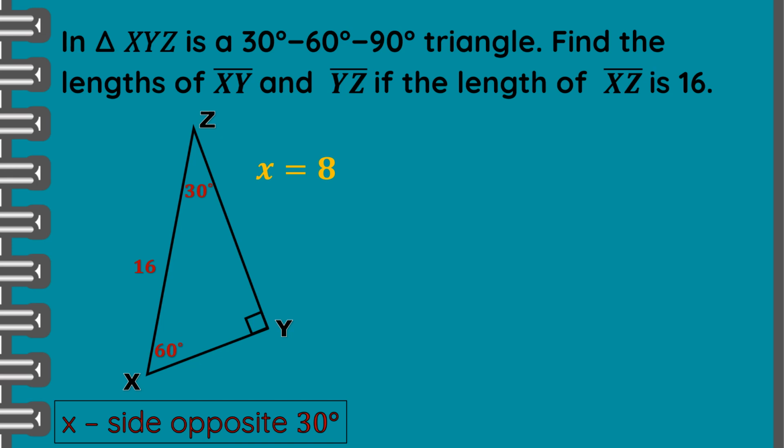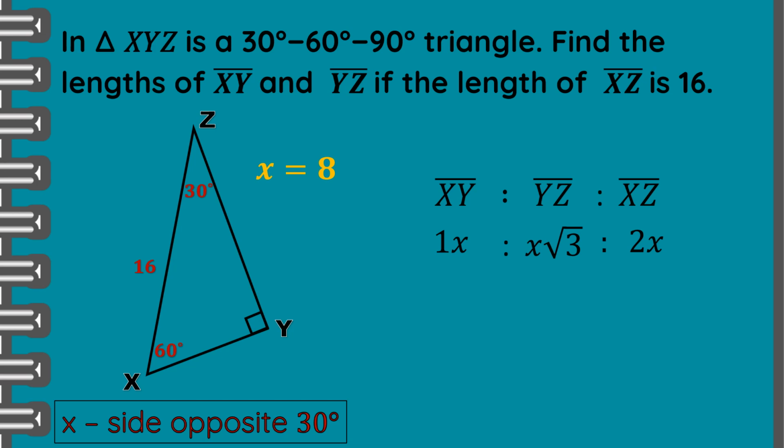If the value of x is 8, then we are now ready to solve for the length of segment XY and the length of segment YZ. That is, just by using this ratio, segment XY, the shorter leg, is to the longer leg, segment YZ, is to the hypotenuse, which is segment XZ. That is, 1x is to x square root of 3 is to 2x.